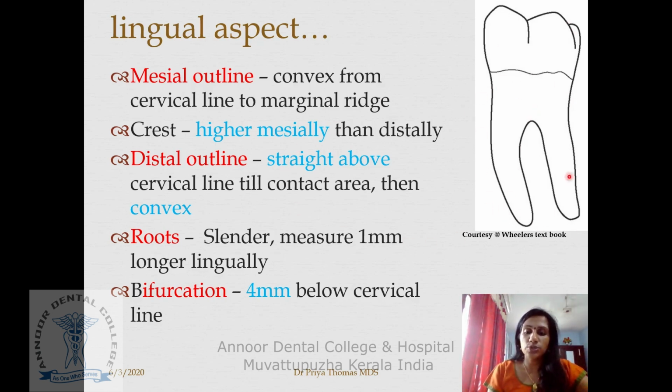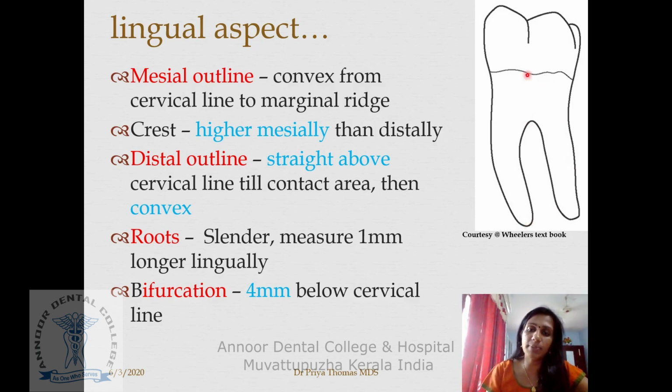Now, when you look at the roots from the lingual aspect, they are more slender. They look much thinner than your roots from the buccal aspect, and they are longer. It looks almost 1 mm longer than the appearance of the root from the buccal aspect.